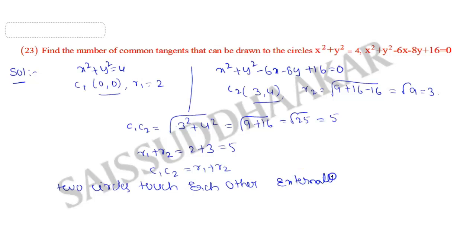When two circles touch each other externally, there exist three common tangents. Okay, this is the answer for this question. Now go for the next question.